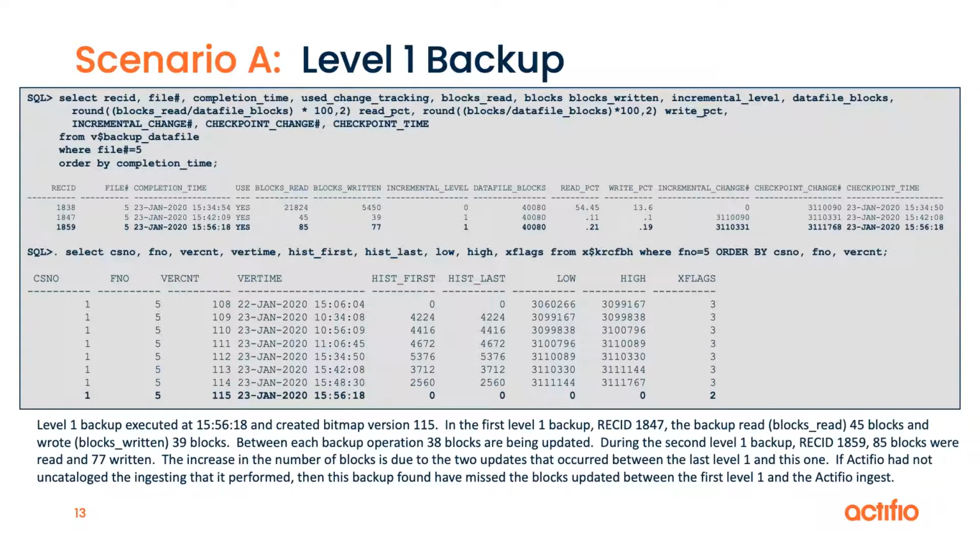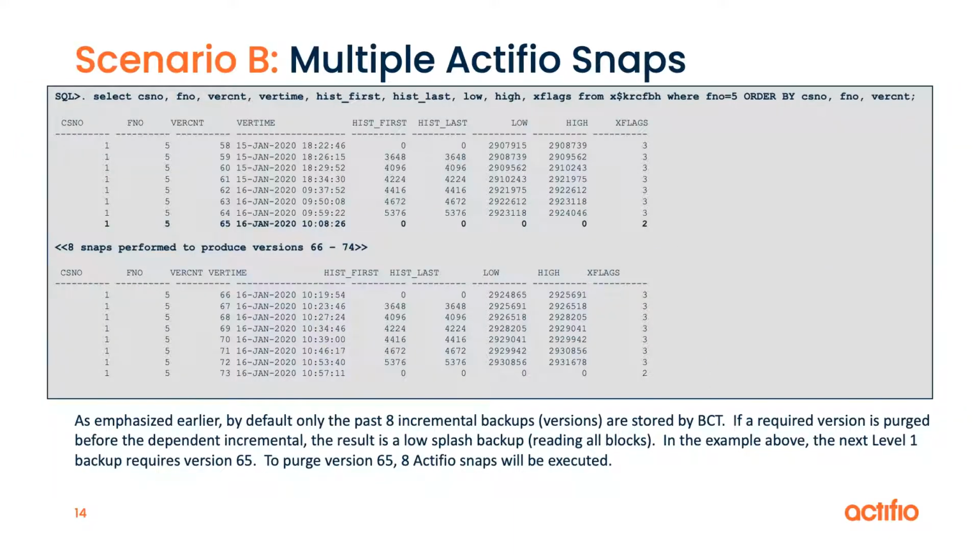So what this is telling me is that even though I did this snapshot with Actifio in between 1847 and 1859, RMAN knows he needs to go back to that backup done on 1847 and get all the blocks that have changed since then. Now, he didn't do a full scan. He only read 85 blocks, which means he leveraged the bitmap version 114, which was created during the Actifio snap, and it used version 113, which was created during the last incremental level 1, thus getting us to the 85 blocks. So let's look at the next scenario.